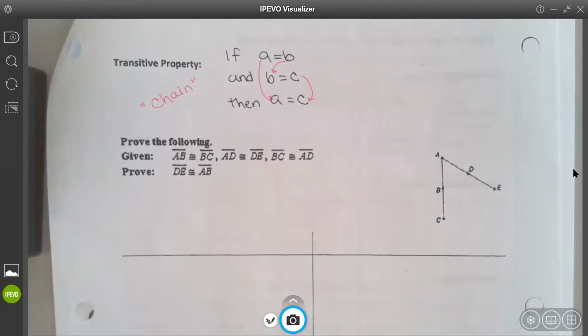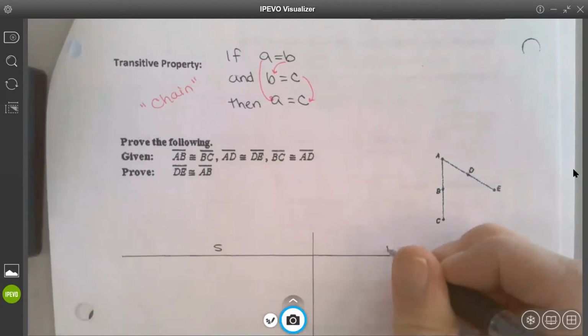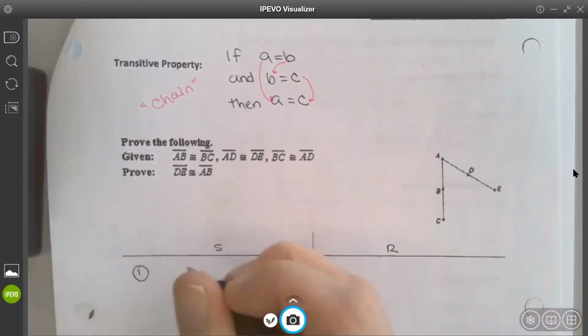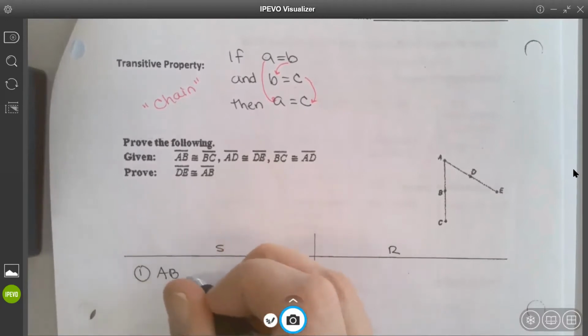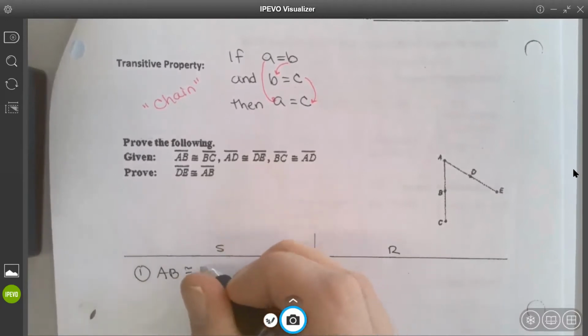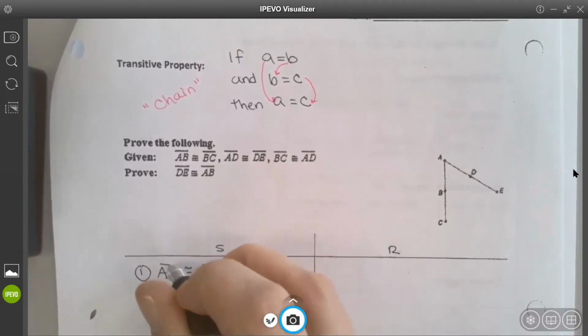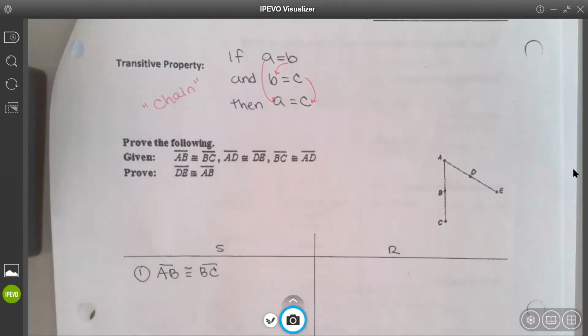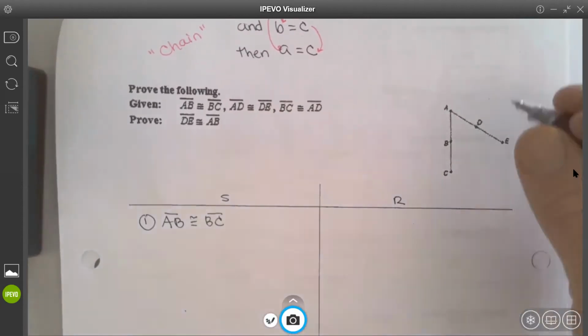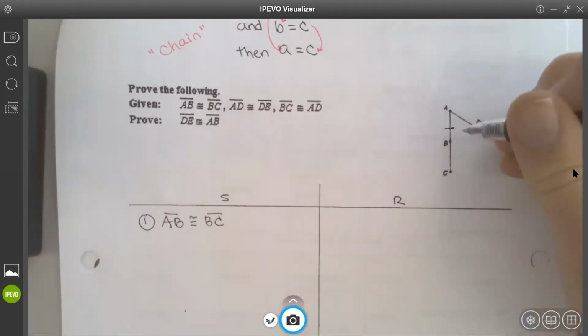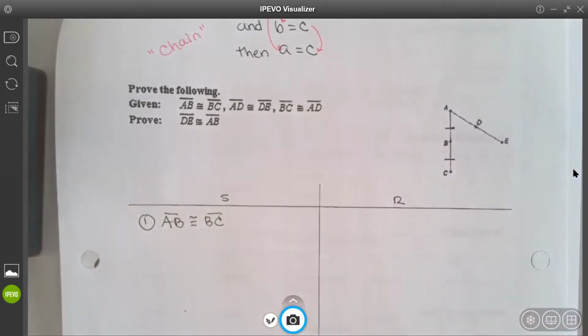When I did this with the blue group, I didn't like the way I wrote my statement, so I'm going to change it up. It's going to be the fastest proof. So here are the givens. I'm going to start with the first one. AB is congruent, which means equal in length. Some of our proofs use equal, some use the congruent symbol, really same idea there, same length. So AB and BC are the same length.